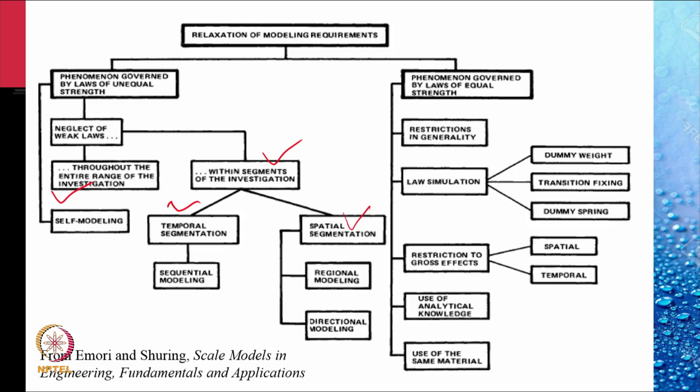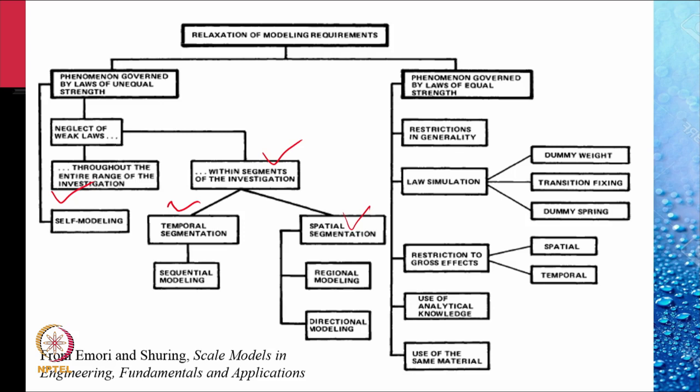When the phenomena are governed by laws of equal strength, then we run into a little problem and we have to be more innovative. One of the techniques is when we restrict the generality. We look at some region where we could neglect the law, if not throughout.